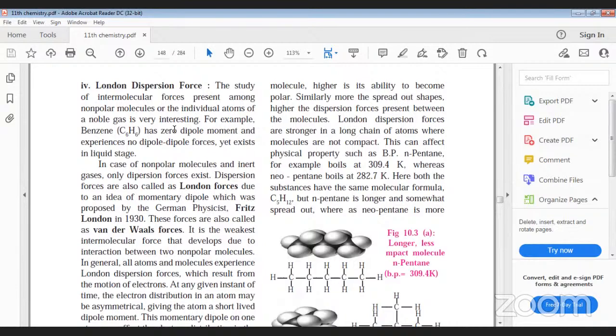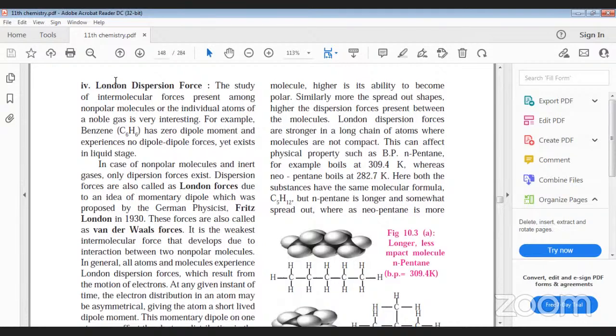In ion-dipole, cation, anion, and a polar molecule. And in dipole-induced dipole, a polar molecule and a non-polar molecule. But in London dispersion forces, it is totally non-polar molecules or a noble gas. Noble gas means which gases? Inert gases. Neon, helium, xenon, radon, krypton, and so on.